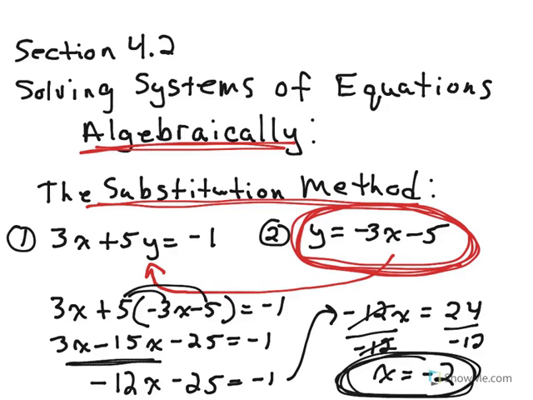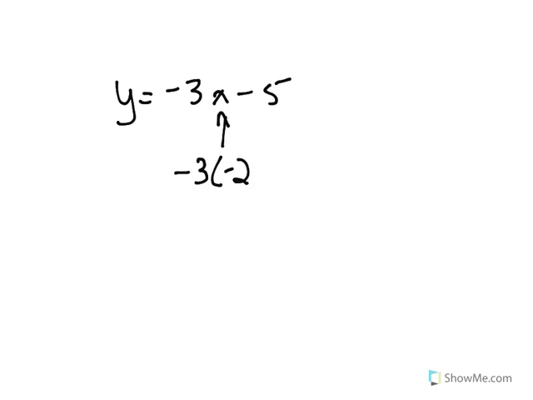So if x equals negative 2, we still have to find y by replacing that negative 2 into the other equation and solve for y. The other equation was y equals negative 3x minus 5, and we found x to be negative 2, so replace that x with negative 2 and solve for y.